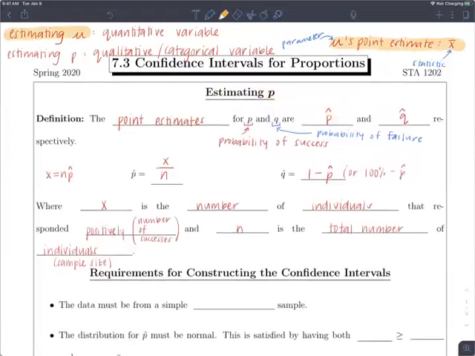So you're basically going to solve all of these the same way by finding a margin of error and adding that and subtracting that to your point estimate to find your confidence interval. The process doesn't change too much. It's just your variables that change, and the thing you input into your calculator. Any questions so far?